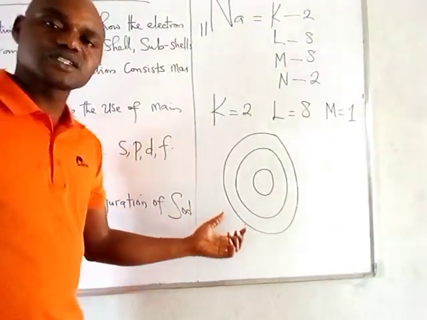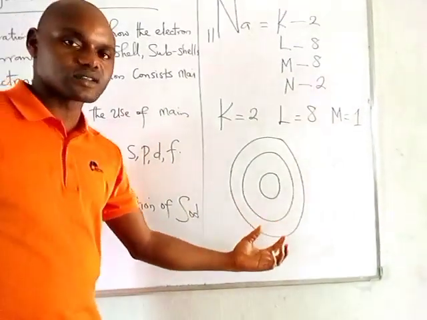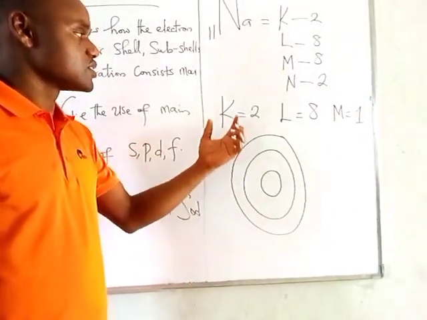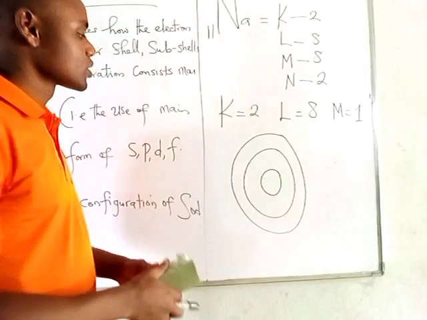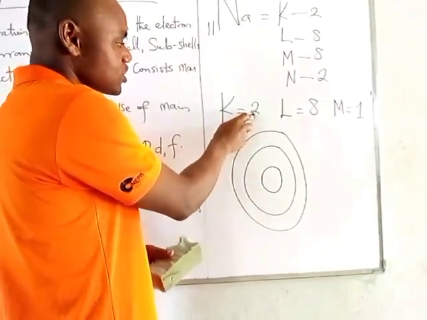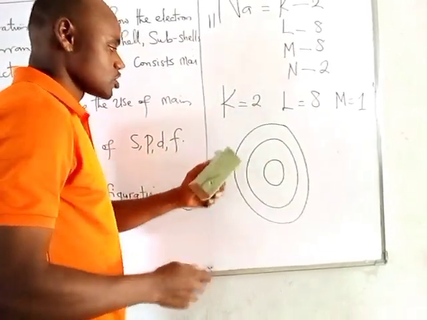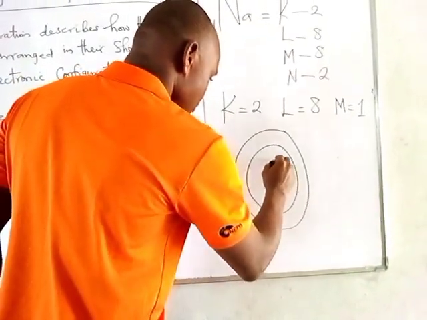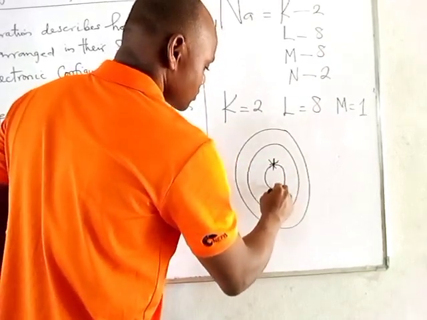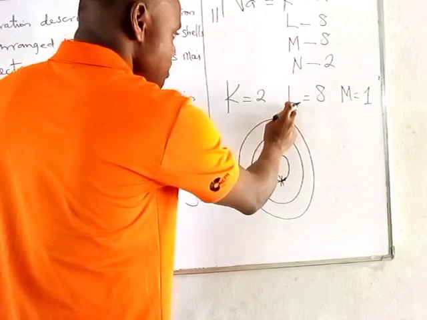Having done that, we want to fill each of these shells with their electrons. Now we are starting with the first shell, which is the K shell. The maximum number of electrons that the K shell has is what? Is 2. So I'm using this to represent my electron. Then for the L shell, we have 8.